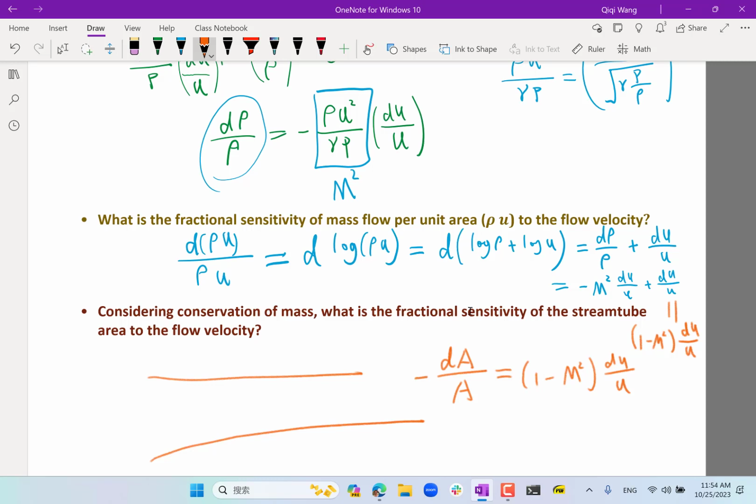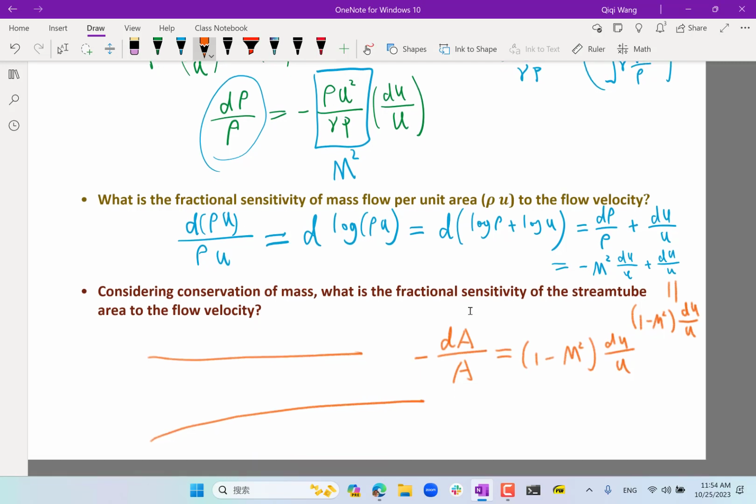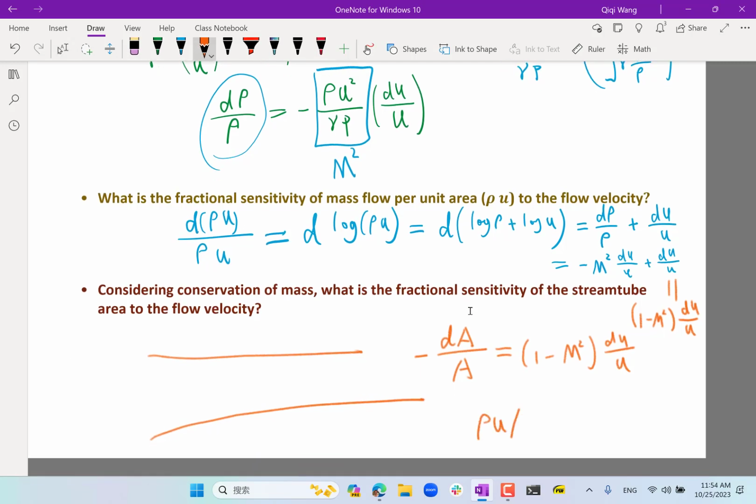So negative of dA over A. That's because rho UA is constant. So that means A is proportional to 1 over rho U, right? So the fractional sensitivity of A is going to be minus 1 times the fractional sensitivity of rho U, right? Thank you for pointing out.